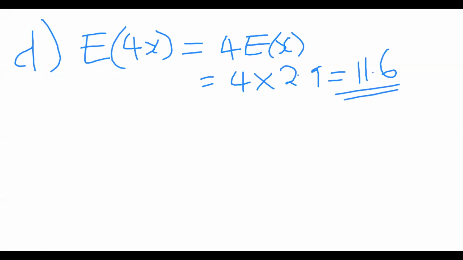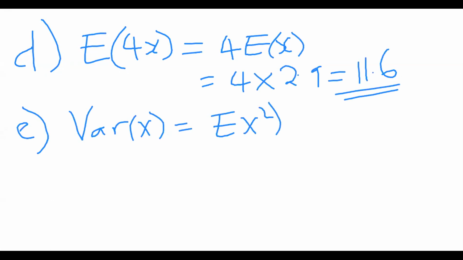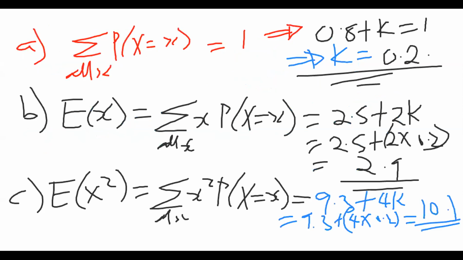Correct. Then part E, variance of x, which is the same as expectation of x squared minus expectation of x all squared. Expectation of x squared, we got it as 10.1.